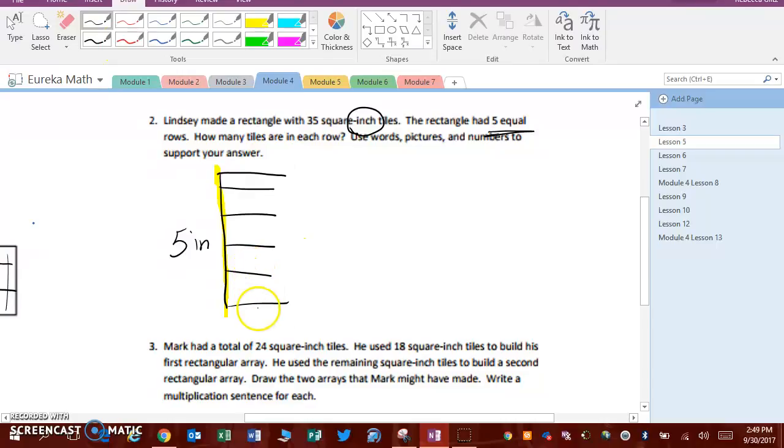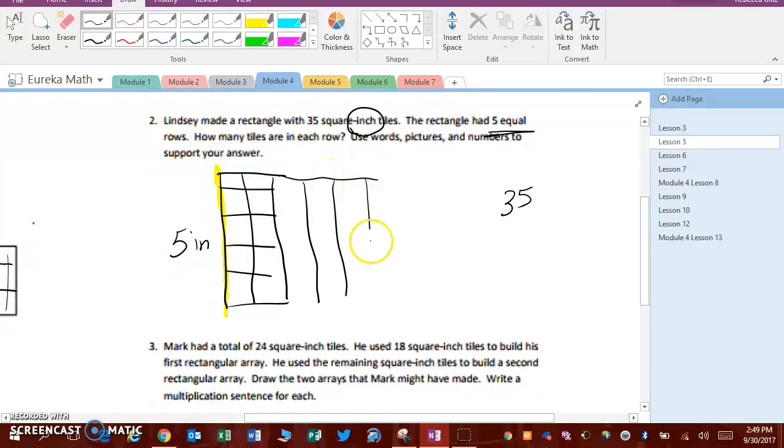I know that the total is 35 though. So I can start counting and making columns of 5 until I get to 35. So there's 5, 10, oh boy, I gotta make it way bigger, 15, I'm gonna finish making my rows later, 20, 25, 30, 35.